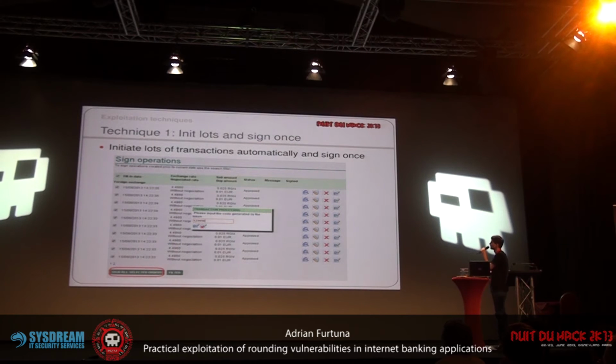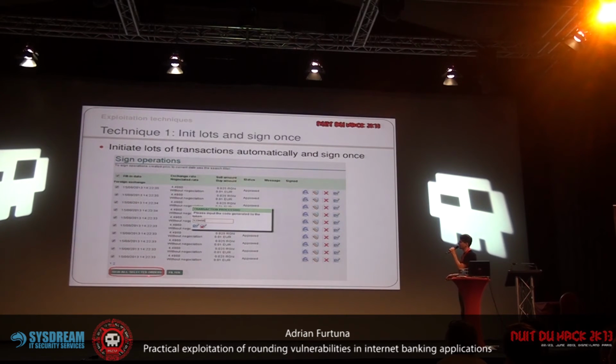And this is the result. This is a screenshot from the internet banking application. You can see that all the transactions are the same. This is also performed this month. So 0.025 exchanging to 0.01, tens of transactions.